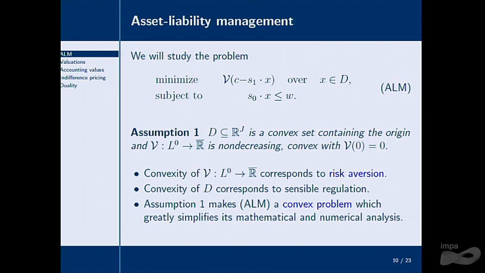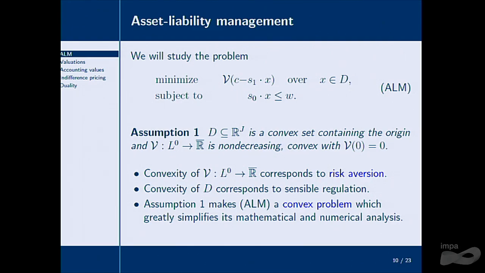Then the maths. I will assume that the set D here is a convex set. I will assume that this function V that describes your risk preferences is a convex function on the space of random variables. I'll assume that it's non-decreasing. That means that agents always prefer to have more cash.